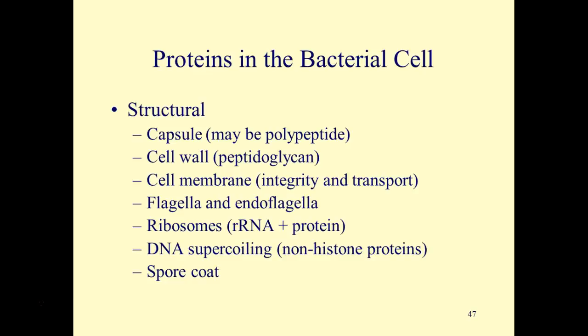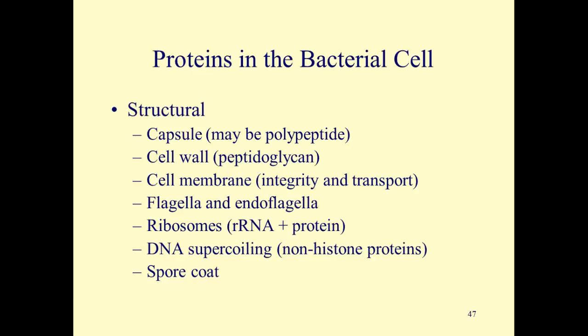The cell membrane is going to have proteins in it. The cell membrane proteins are for integrity, and they're also for transport. So this could be a protein you're coming up with that transports a molecule into the cell.